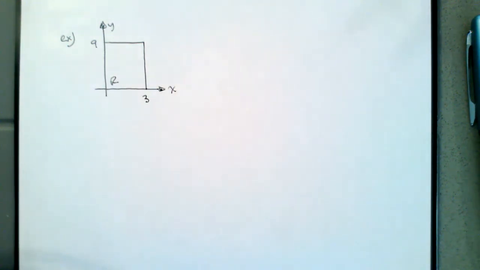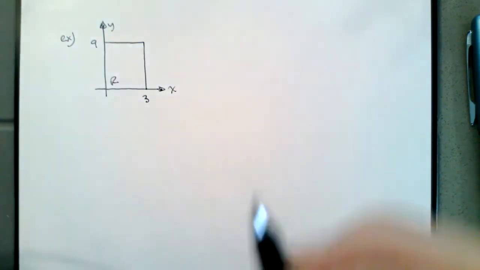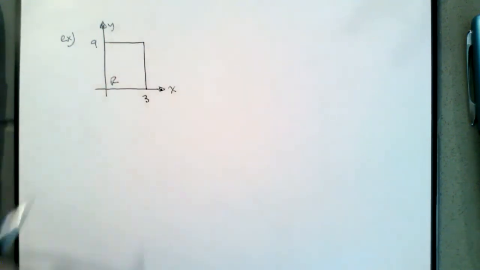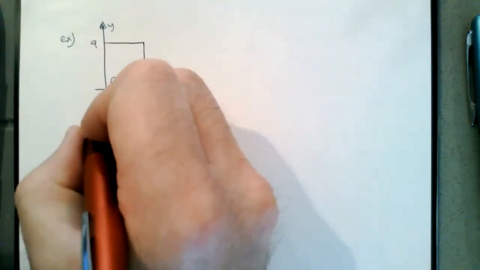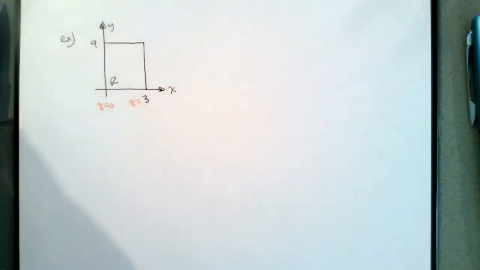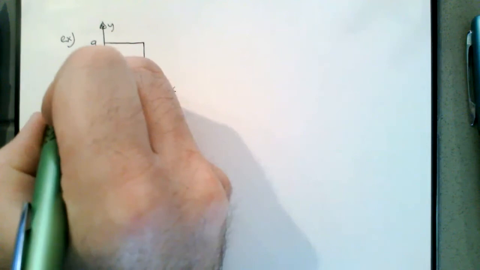Remember, the function is sitting on top. The function doesn't matter. What matters is how we describe the region so that the integral will understand. So I can just say, well, x goes from 0 to 3, and y goes from 0 to 9.